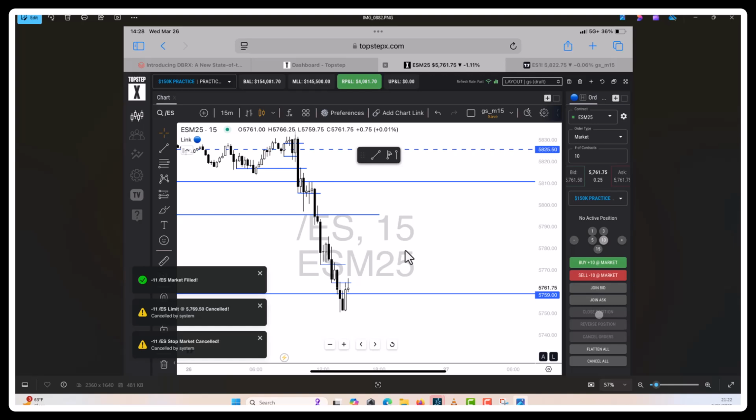Basically, we took 3 trades, 2 trades on the real account, where we just blew it up, and one trade in a practice account. But two trades are good.